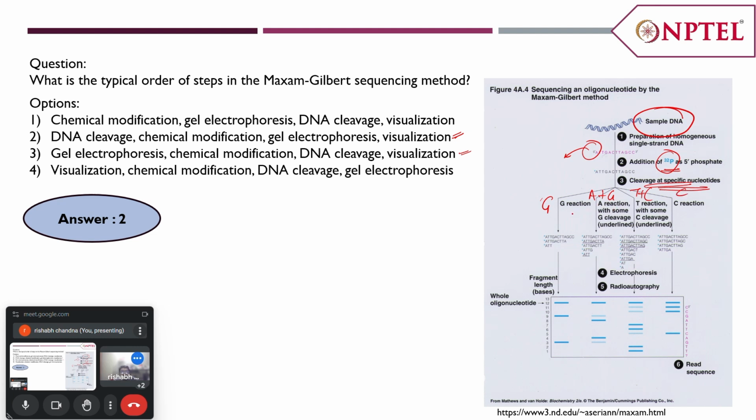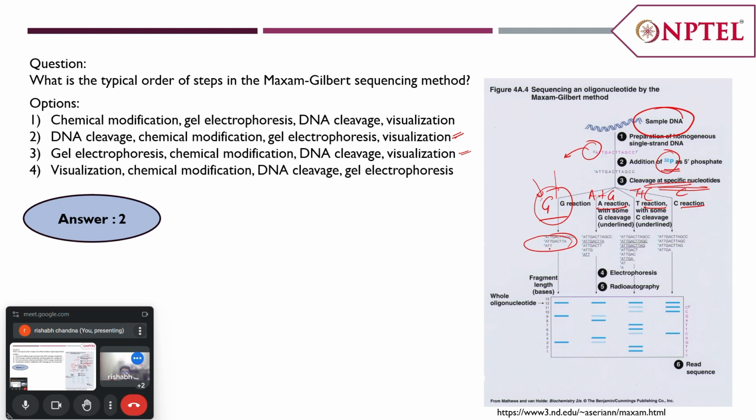So these are based upon the different chemicals that we are using. So the reaction is terminated at these particular positions of cleavage. Based upon that, we'll get the bands wherever G will be present, the chemical would have cleaved that particular DNA and formed a band till there, because G has been first modified and then cut.